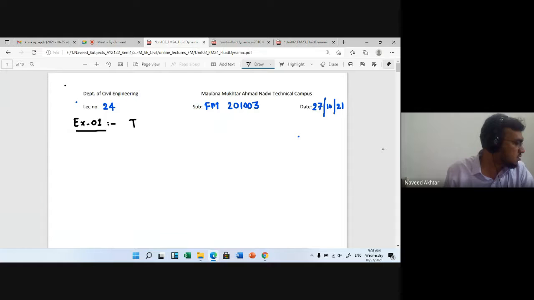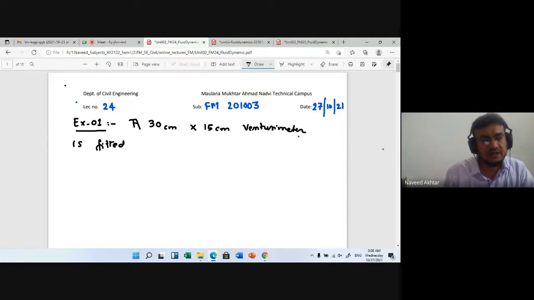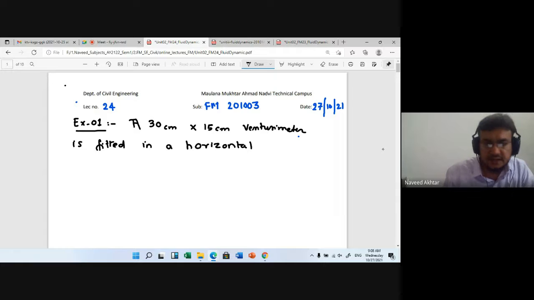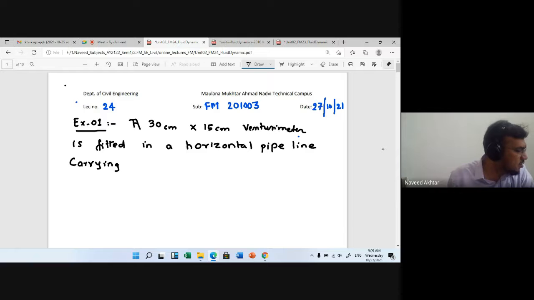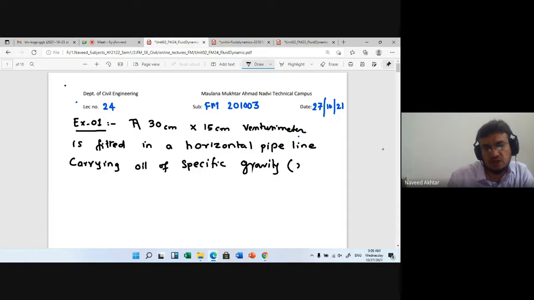A 30 centimeter by 15 centimeter Venturi meter is fitted in a horizontal pipeline carrying oil of specific gravity 0.8.